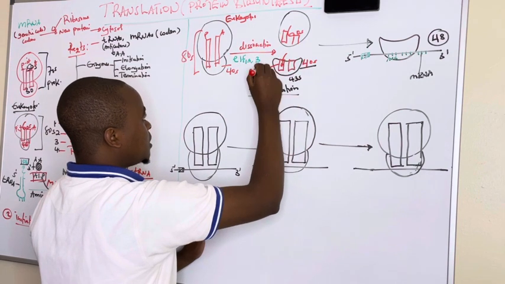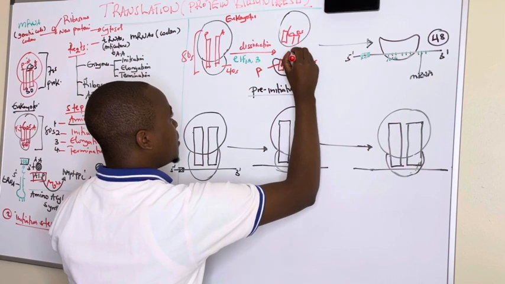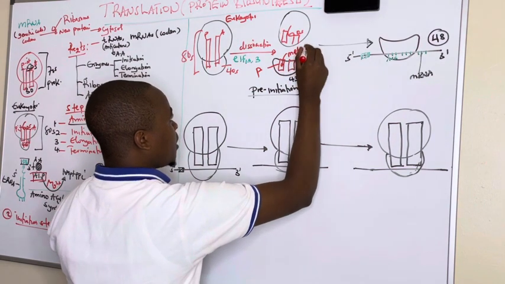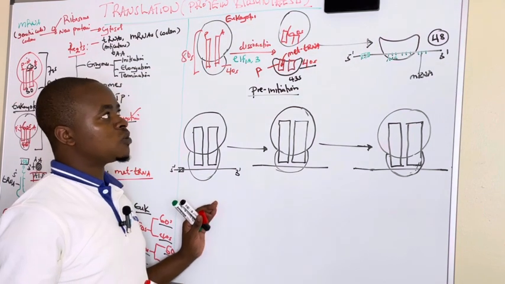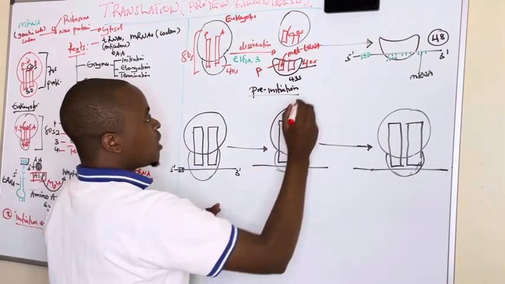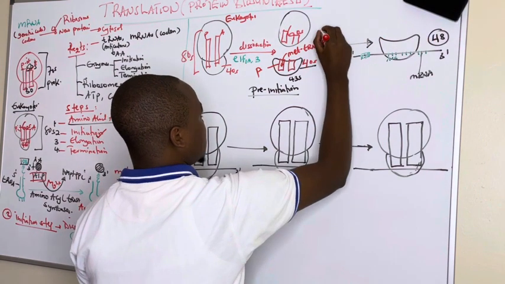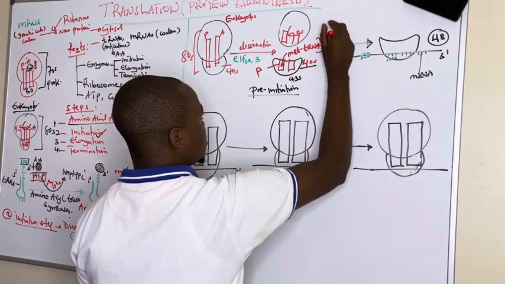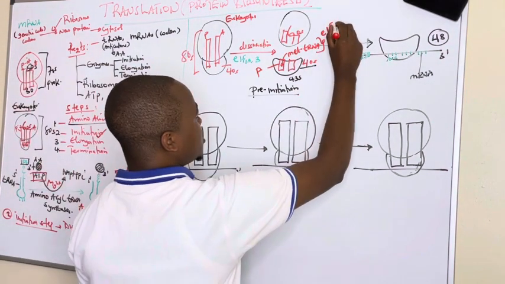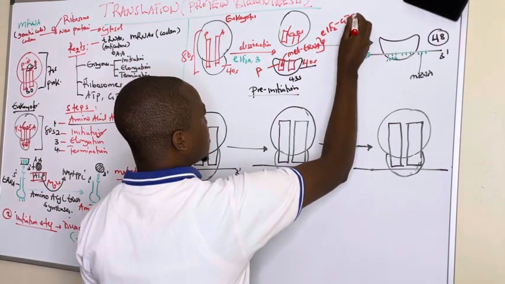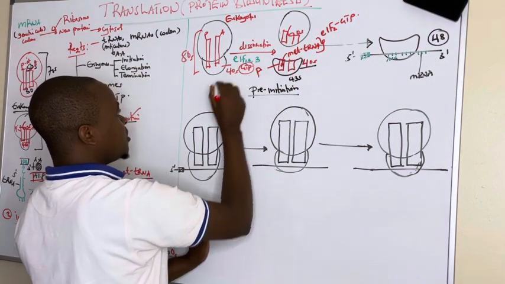This is why we called it the P site. So we see the MET transfer RNA coming into the P site of the smaller ribosomal subunit, and this occurs in the presence of an initiation factor, eukaryotic initiation factor 2, in the presence of GTP, which provides energy.